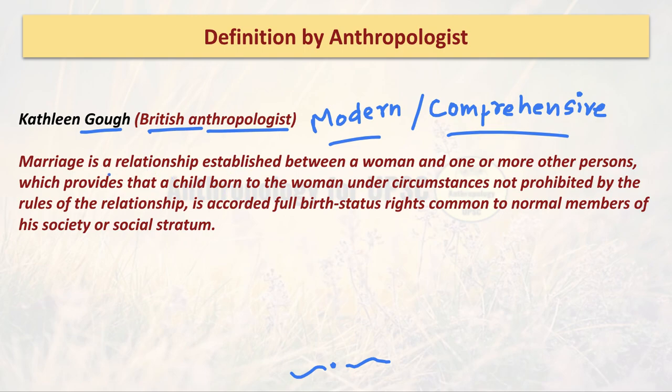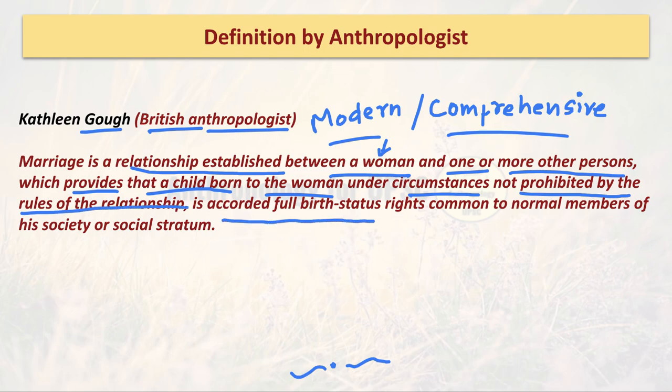She says marriage is a relationship established between a woman and one or more persons, which provides that a child born to the woman under circumstances not prohibited by the rule of relationship is accorded full birth status rights common to the normal members of the society or social stratum.